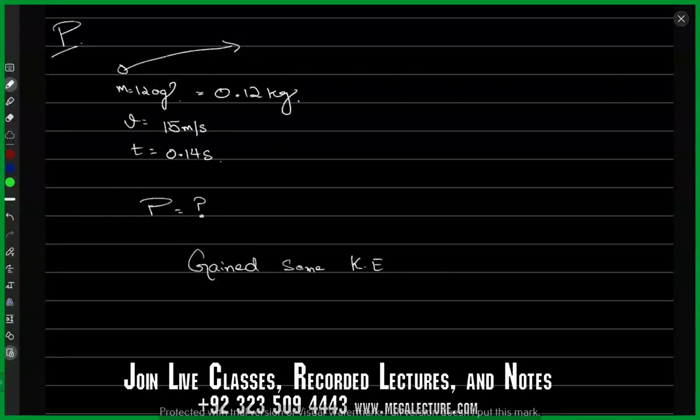If I compute the gain in kinetic energy and divide it by the time in which it gained this kinetic energy, I can get power. So it's very simple, just compute the gain in kinetic energy, half mv squared. Everyone remembers this expression for kinetic energy?